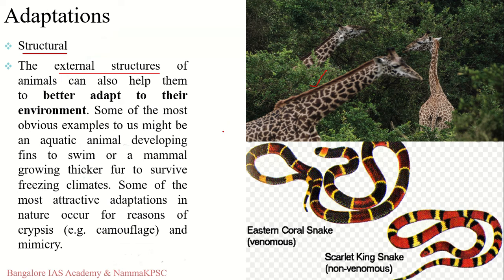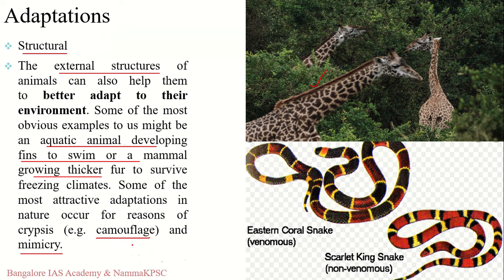Similarly, you can have aquatic animals which grow fins which are required to swim. You can have some animals like a zebra, a wildebeest, a chameleon, which are able to camouflage, which is another very good example of adaptations. You can have mimicry, a very important example for structural adaptations.